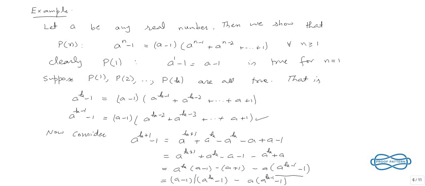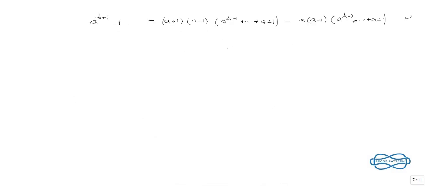And for this term we have added this one, so we get this expression, and after simplification we get a minus 1 into a^k plus a^{k-1} plus so on plus a plus 1. What we have done, we have multiplied this a with every term of this and then rearranged. Okay, this a minus 1, and that is what we want to prove.